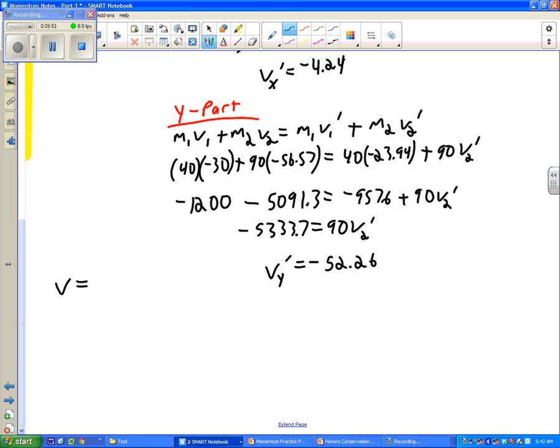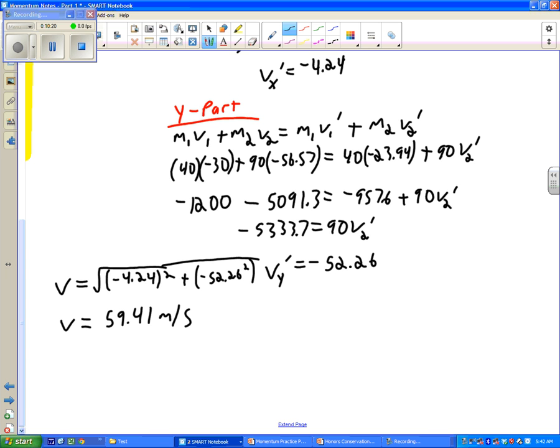To find the final answer, I'm going to plug in my x, negative 4.24 squared plus negative 52.26 squared. And I get 59.41 meters per second. That is my answer.